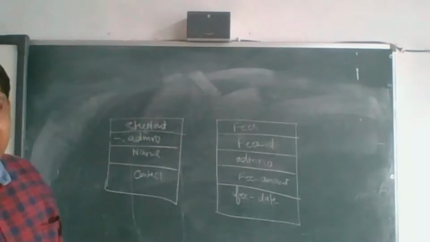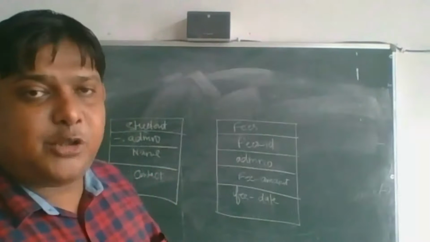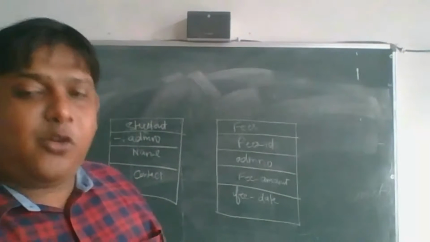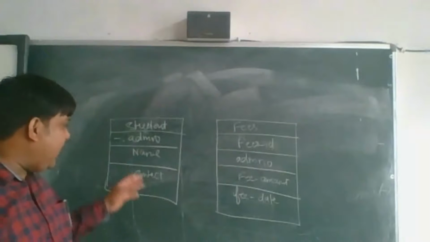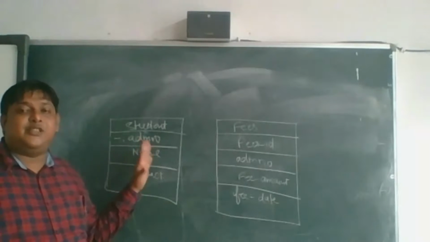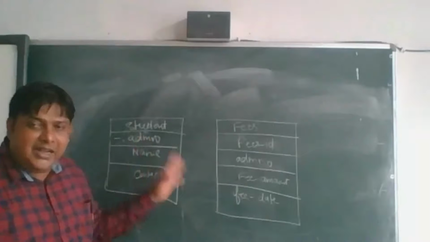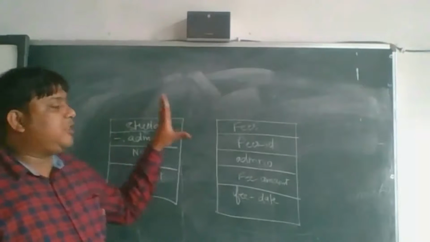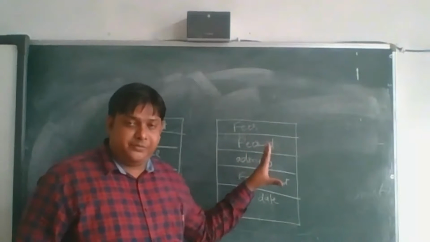I want to make a relationship between these two tables in such a way that until the record in the student table is created, the student may not submit the fee.